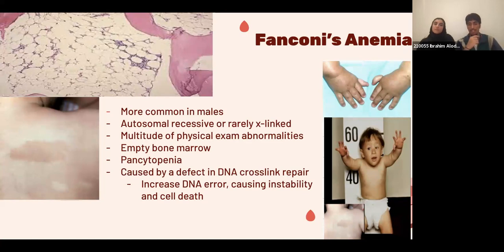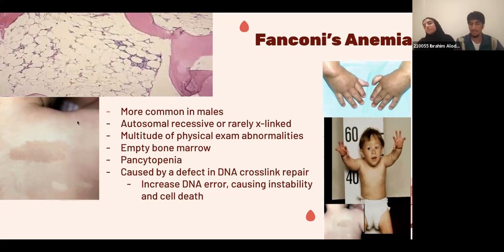And you saw that in this question, he had the discoloration and he had the esotropia. They're gonna have empty bone marrow in a bone marrow aspiration, similar to this picture. They'll have pancytopenia, obviously. And the reason it occurs is because there's a defect in DNA cross-link repair. And because there's that defect, there's going to be more DNA error, which is going to cause instability and cell death, and thus you can't form the cell lines.